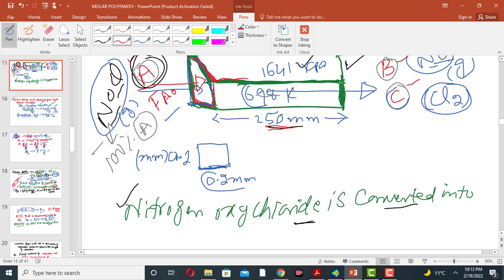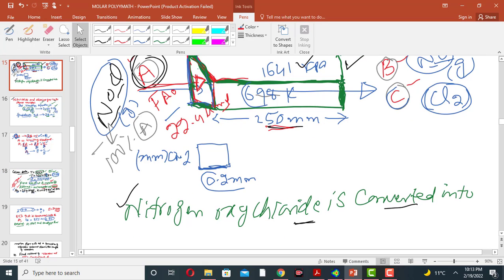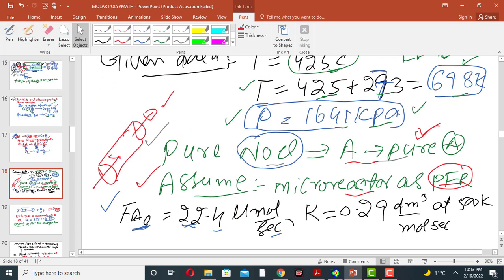At this point, the molar flow rate of nitrogen oxychloride is given to us, and it is 22.4 micromole per second. It is given to us.